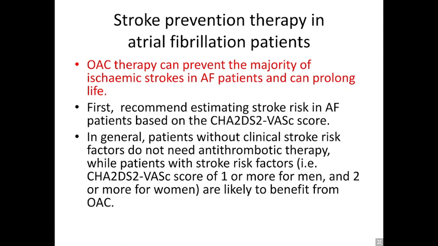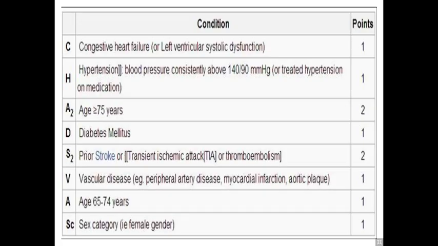In general, patients without clinical stroke risk factors do not need antithrombotic therapy, while patients with stroke risk factors, men with a CHA2DS2-VASc score of 1 point and more, and women 2 and more, need anticoagulant therapy. In the CHA2DS2-VASc score, you can see on the slide: heart failure, if in your patient, 1 point.